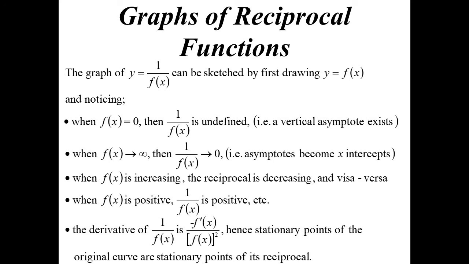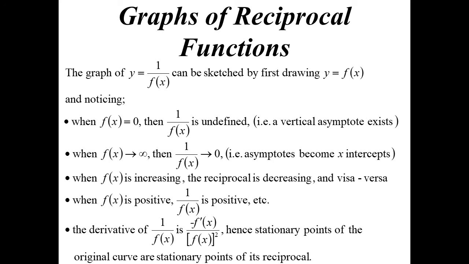So when I turn it upside down, my new derivative still has the derivative of the old function on the top. If that's equal to 0, this new one's got to be 0 too. That's a technical way of basically saying those turning points have got to stay as turning points. They won't change. The y values might change, but the actual x value of those turning points won't change.